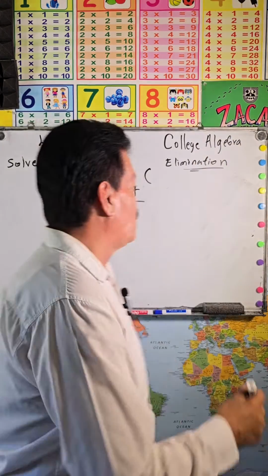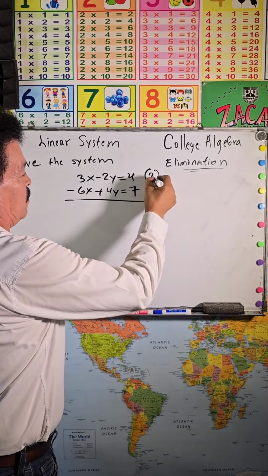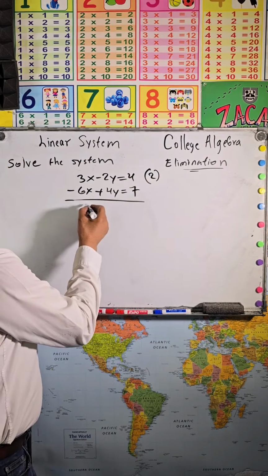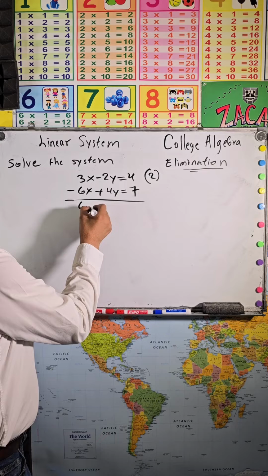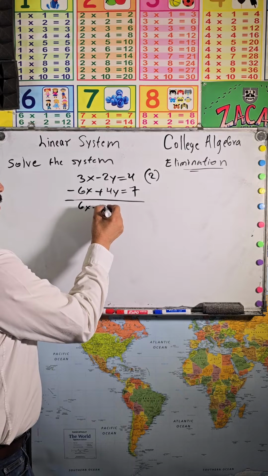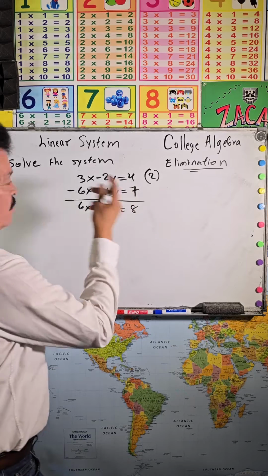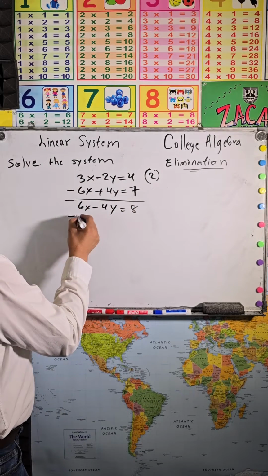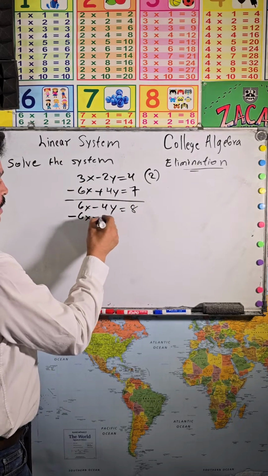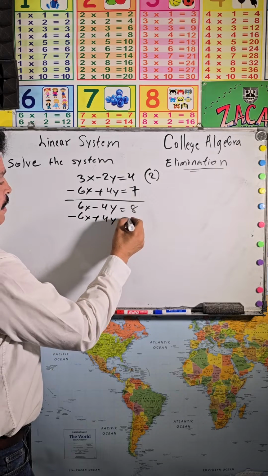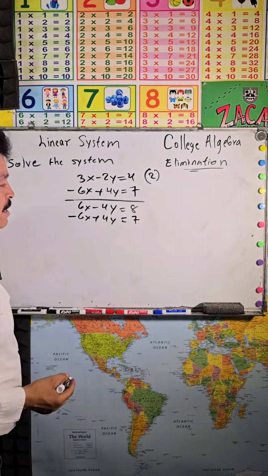So multiply by 2, and we will have 6x minus 4y equals 8. The bottom one, we write the same: minus 6x plus 4y equals 7.